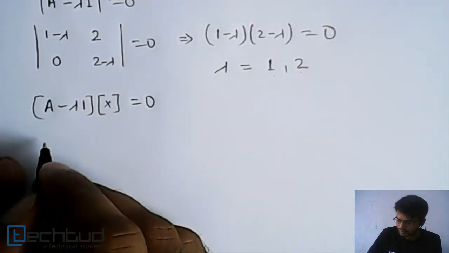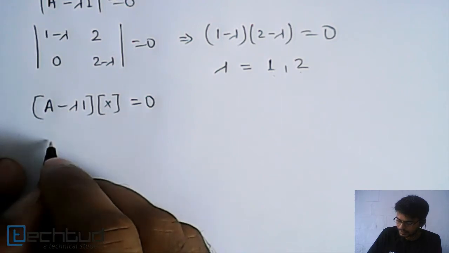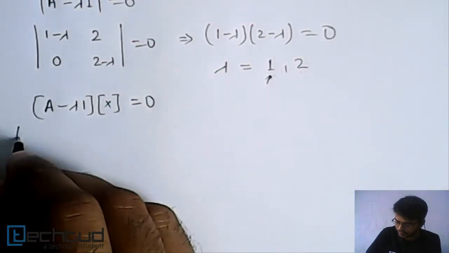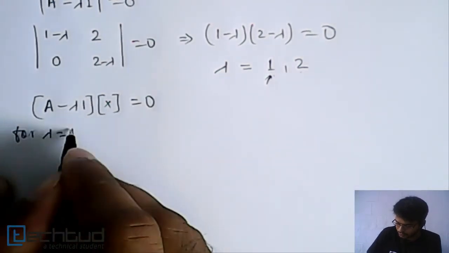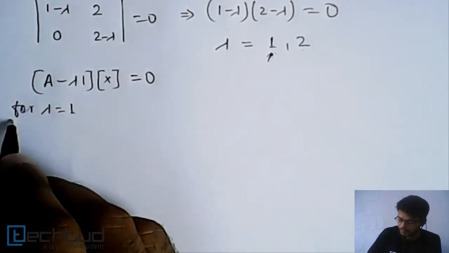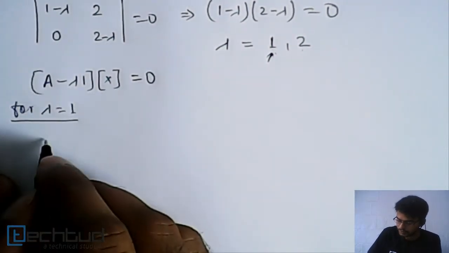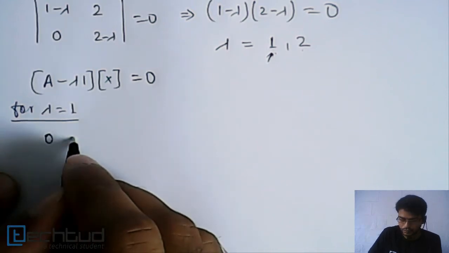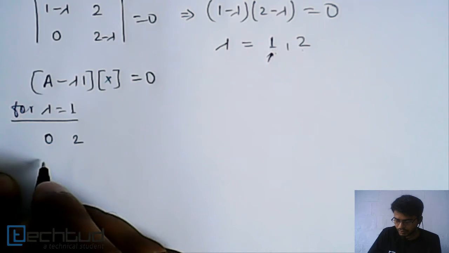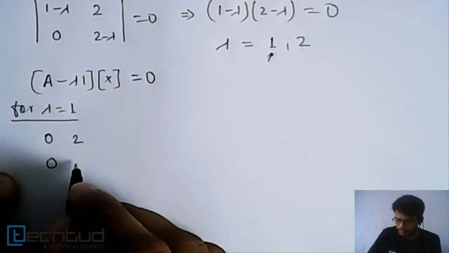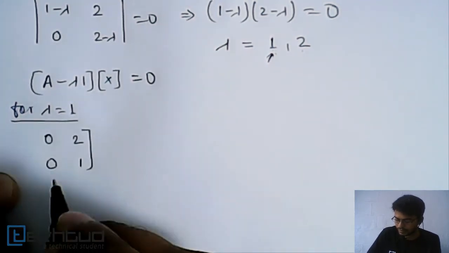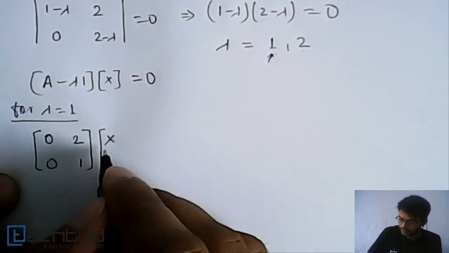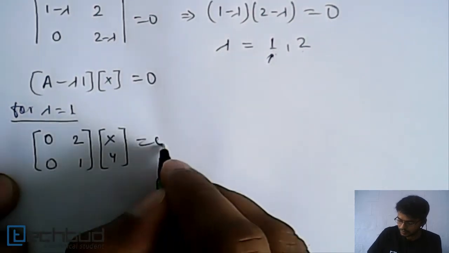It means if we take first lambda equal to 1, and solve this, it will be equal to 0, this is equal to 2, this is again equal to 0, and this is equal to 1. So this is the matrix, and this is the variable vector, x y, and this is equal to 0.